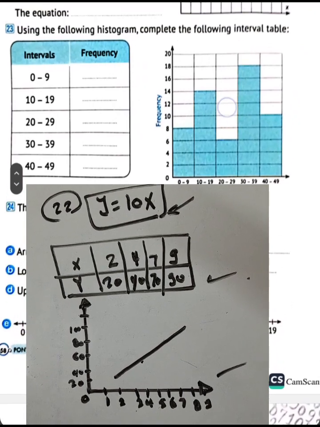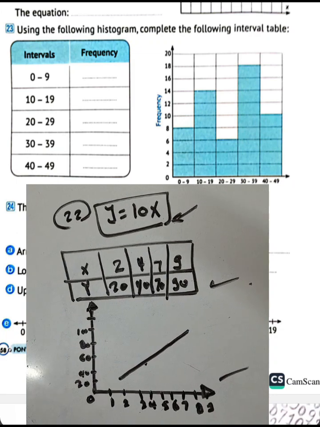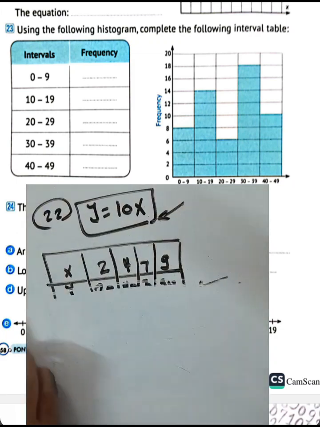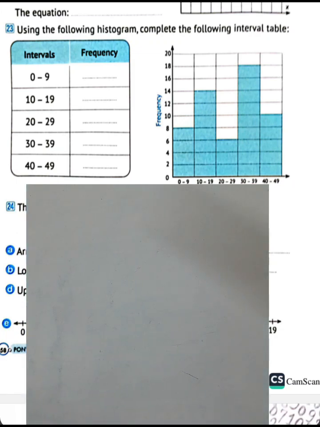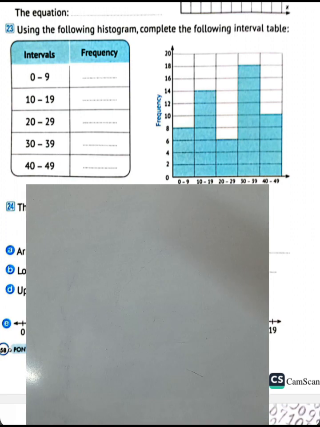Next question, using the following histogram, complete the following interval. About question number 23, from this interval, look at here, from 0 to 9 it will be 8.